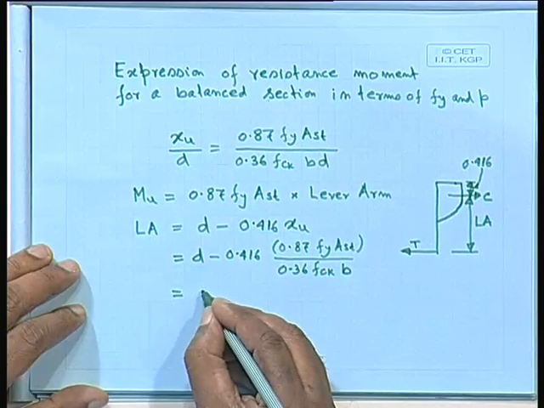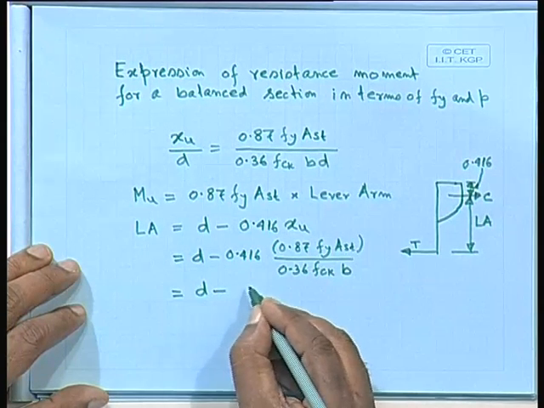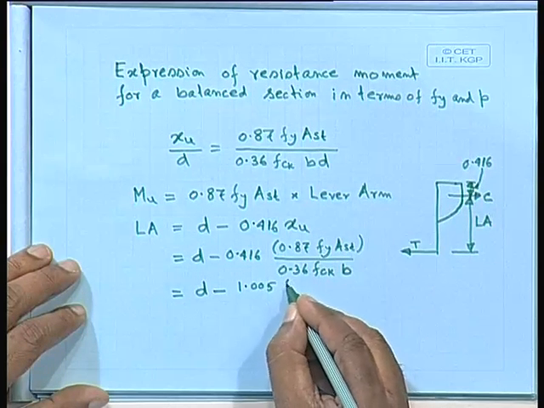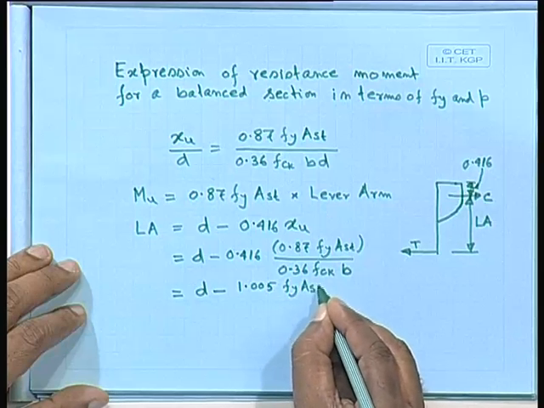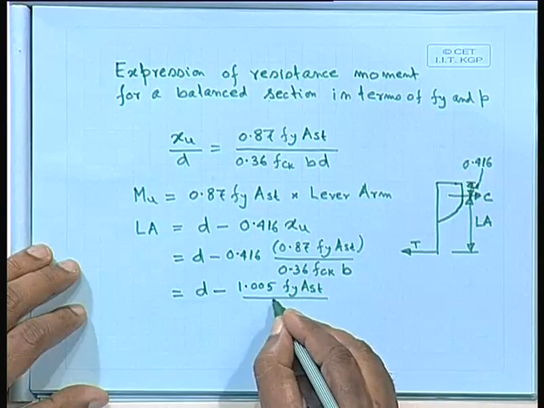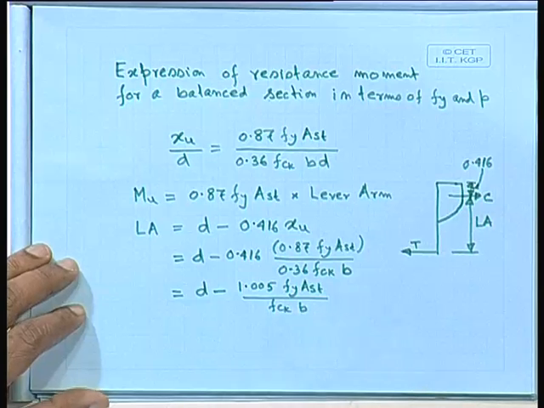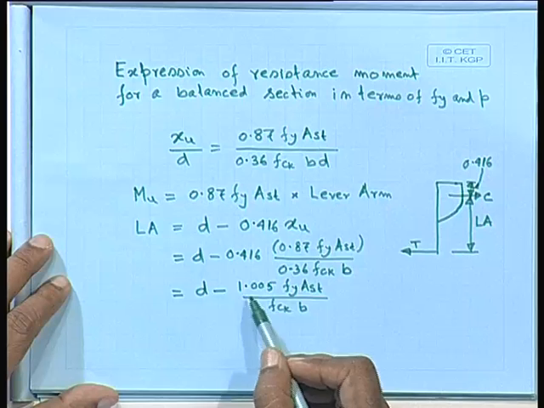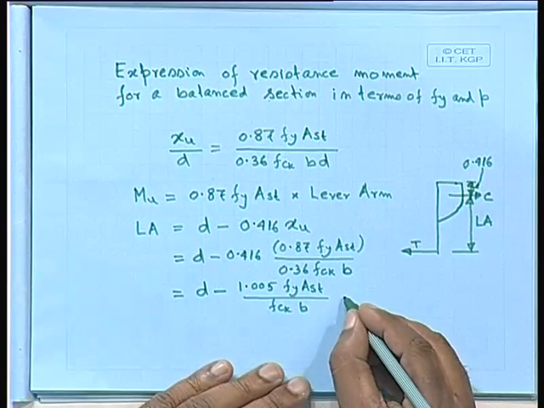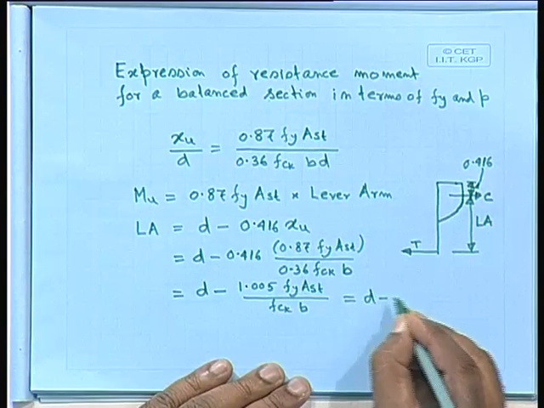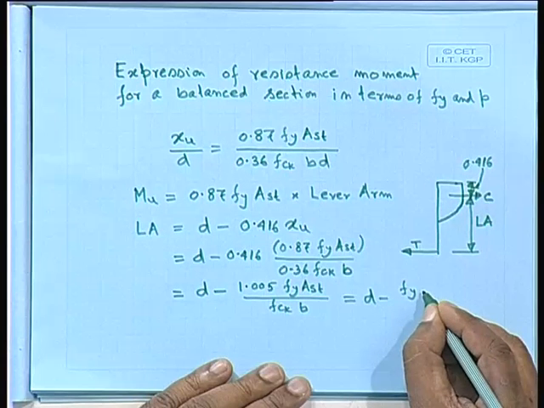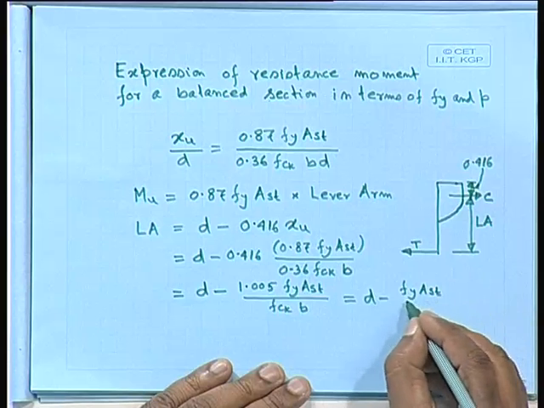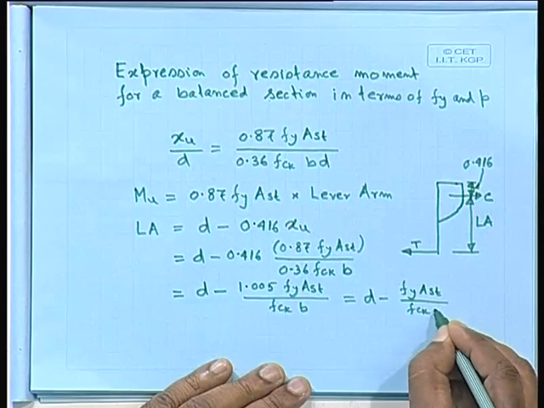We can write it as D minus 1.005 times FOI AST divided by FCK B. Instead of going to that precision, 1.005, we can simply take it as just 1. In other words, we can write this as D minus FOI AST by FCK times B.